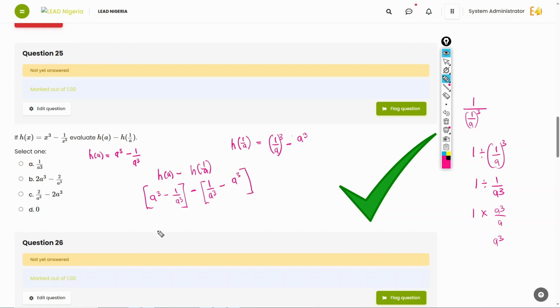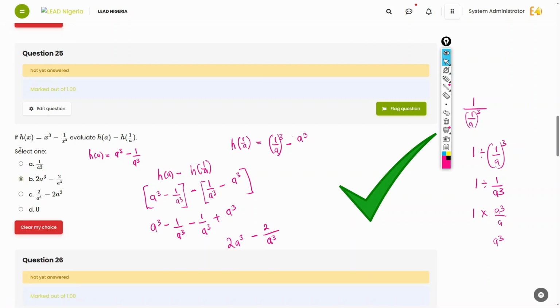Yeah, so this is A cubed minus 1 over A cubed. Now, minus, so that'll be minus 1 over A cubed plus A cubed. So I use the minus sign to multiply into the bracket. So I would have 2A cubed minus, and when I add these two together, I have minus 2 over A cubed. So it's 2A cubed minus 2 over A cubed. That's option B.